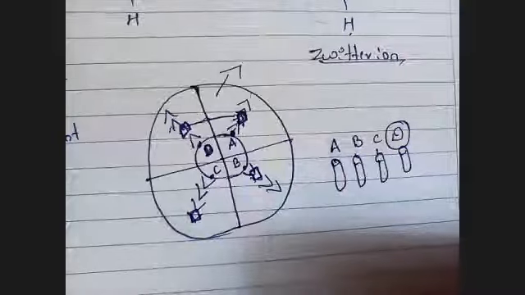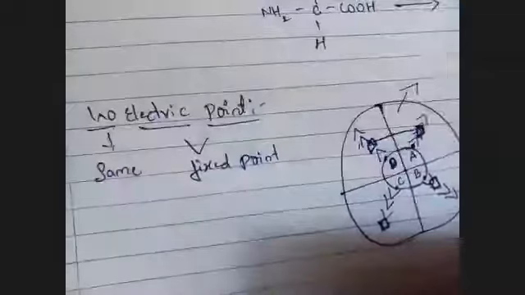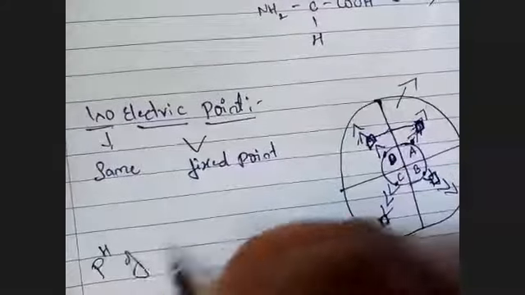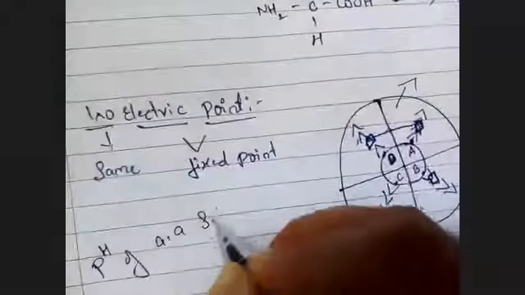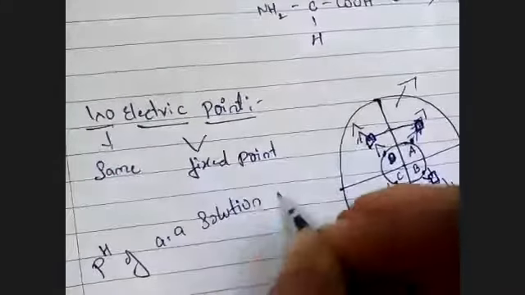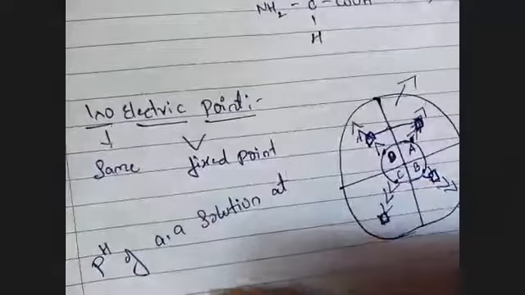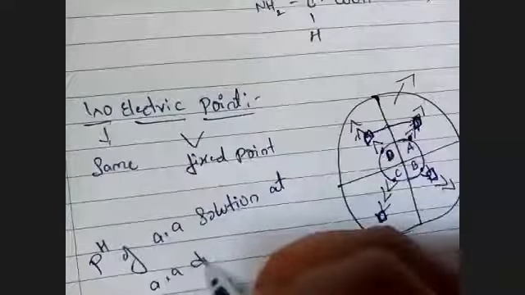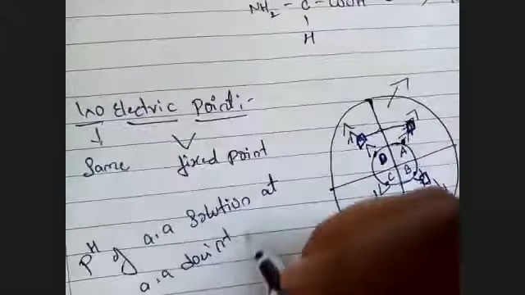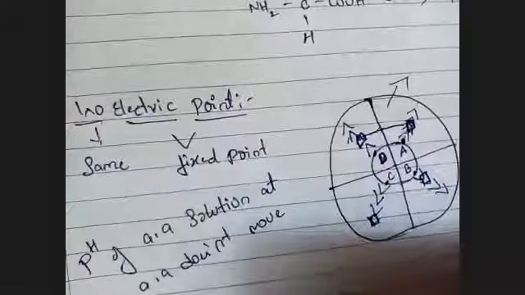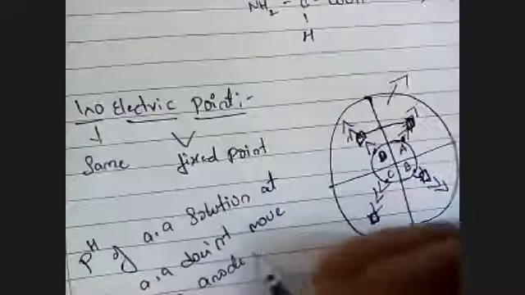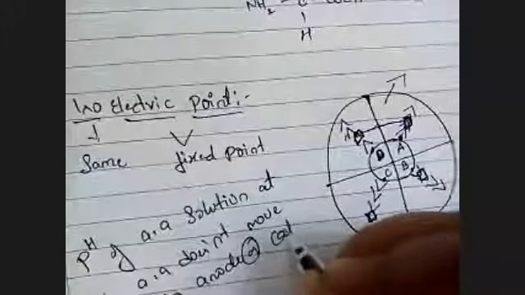So now, what do you mean by isoelectric point? Isoelectric point is the pH of an amino acid solution at which the amino acid does not move either towards the anode or towards the cathode.